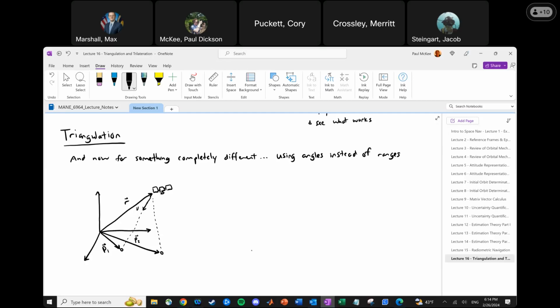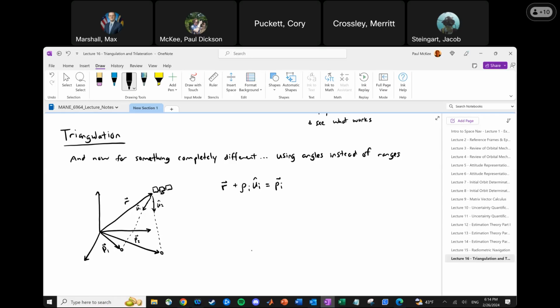I'm going to call this one U1, call this one U2. So our equation looks like this. The position of the spacecraft plus some unknown range. Yep, there's the range again. So rho_i u_i, where this is the line of sight direction from the spacecraft to the point on the surface, is equal to the point on the surface.